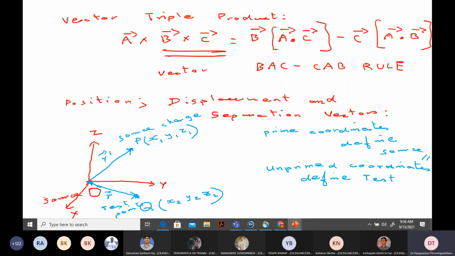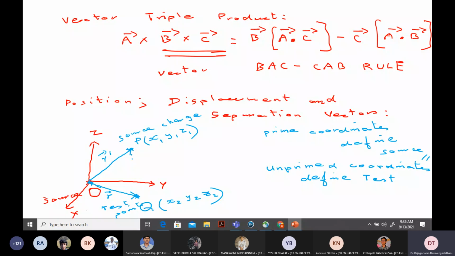I want to find the field at the point Q due to the presence of a source charge at P, so I need to know the separation between the source and the test. I have to invoke the law of addition of vectors to define this.